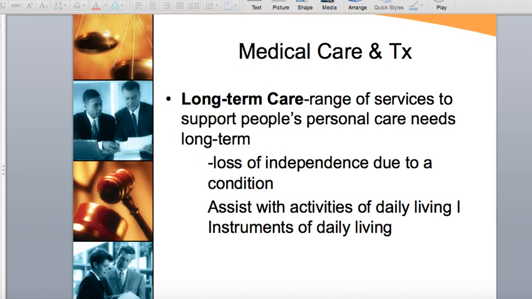Also, these patients need assistance with activities of daily living, or another term, instruments of daily living. Again, they just need overall help and support, either washing clothes, bathing, feeding themselves and eating, perhaps using a walker, wheelchair, and other types of devices.